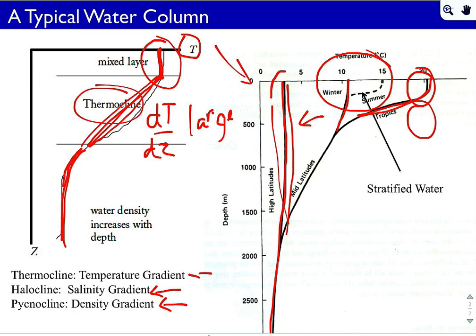And during summer, you have low density or warmer water at the surface, meaning you have a stratified water column which better approximates what's happening in the tropics. So there's a shifting back and forth in the mid-latitude regions of the water column. And this has to do with the seasonal cycles of heating and cooling, as well as seasonal winds.